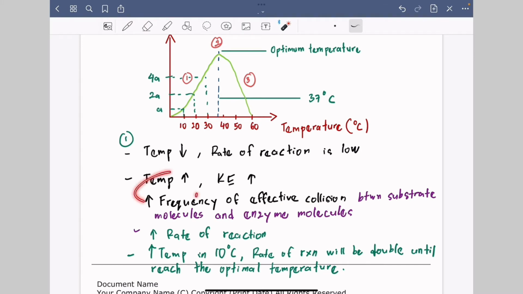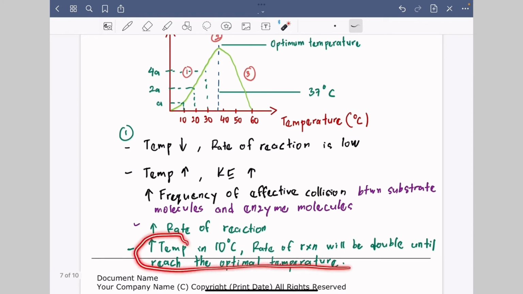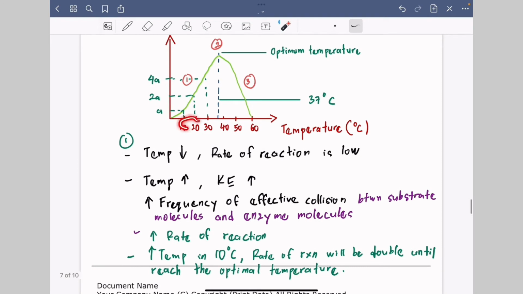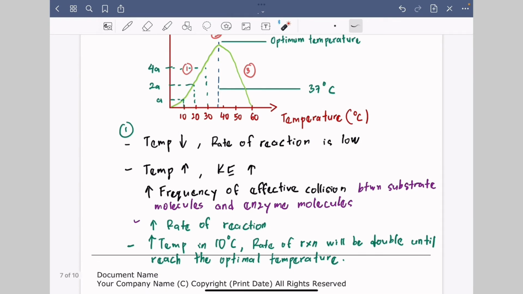Because of this, the rate of reaction also increases. Another important point is that with every increase of temperature by 10 units, the rate of reaction will double until it reaches the optimal temperature, which is 37 degrees Celsius. It is our own body temperature.